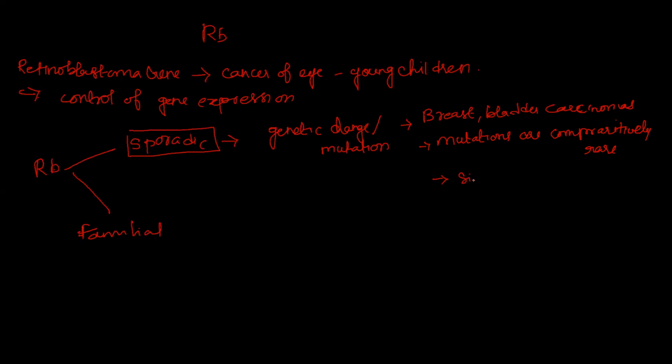A single tumor is what it forms, it will not have multiple tumors in this case, because it is like in your cell, you have genes coming from your father and mother, and it needs two mutations to occur, right? And that too in the same cell. So the probability is less compared to if you have a defective gene already coming from your parents. So it just forms a single tumor here.